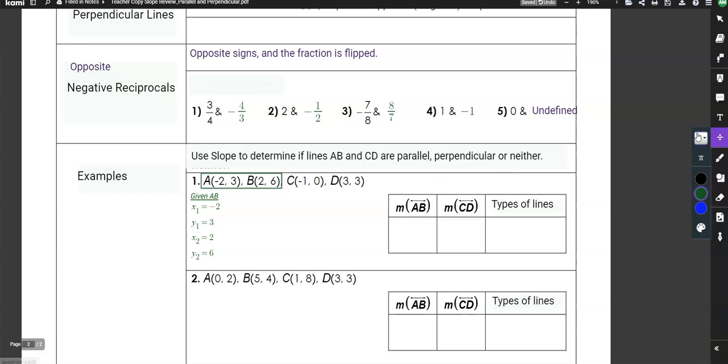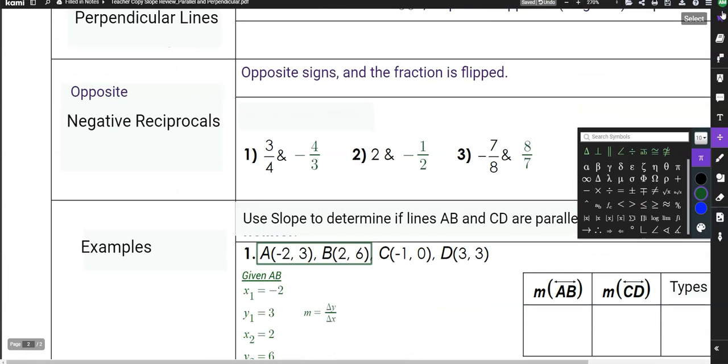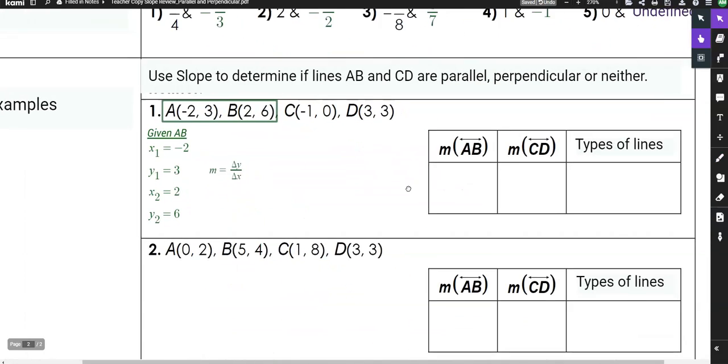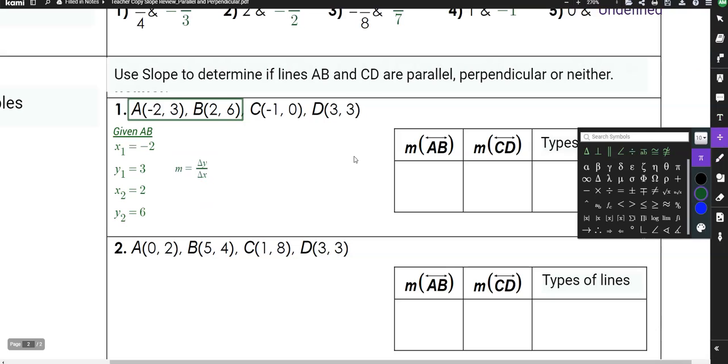And now we're going to go ahead and do our formula and substitution. So the slope is equal to, and in this case, I am just going to use delta y over delta x. So change in y over change in x. I'm going to make this a little bigger. This is one of the benefits of using Kami. You can use a small font and then make it very large. All right.